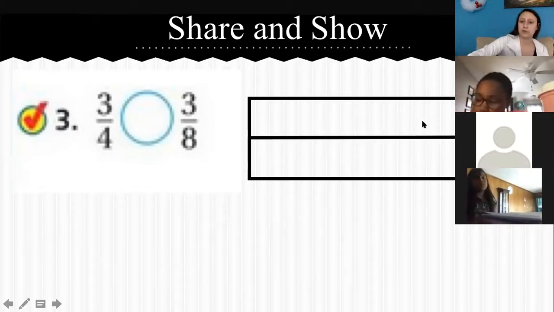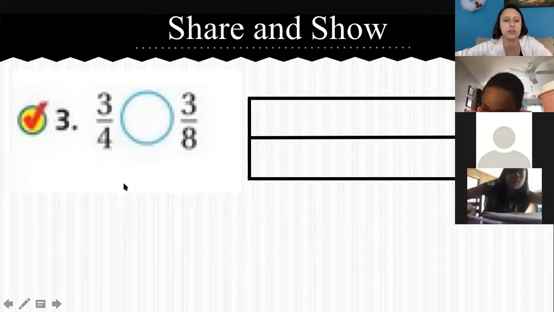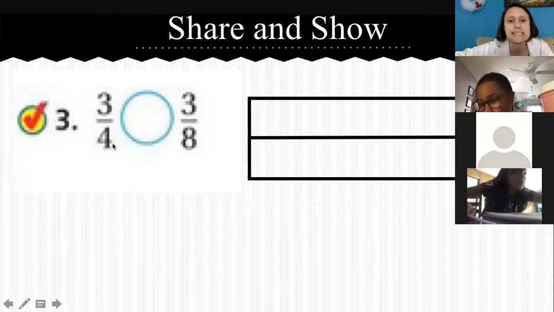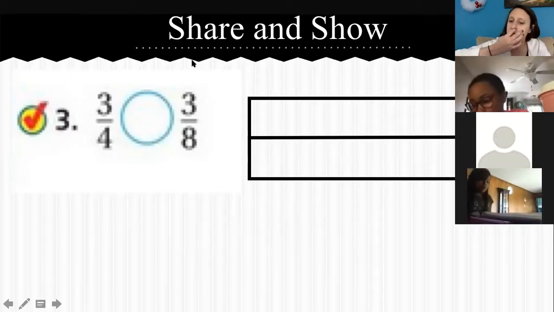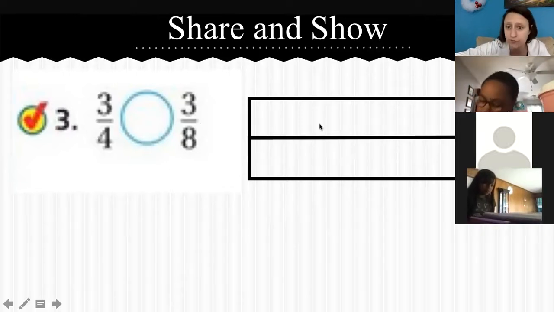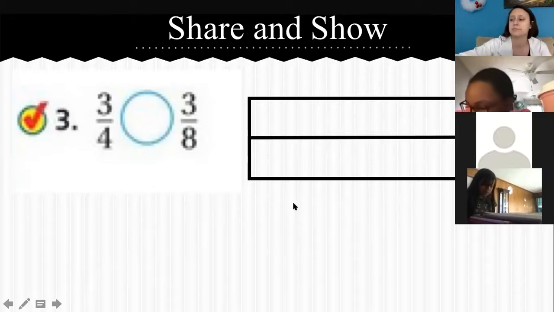So I'm going to put my 3/4 up top, which means I have to divide it into 4 pieces, and I'll do my 3/8 on the bottom, which means I divide it into 8 pieces. So go ahead and do that, and then color in 3/4 on top, 3/8 on bottom, just to see if you're right.